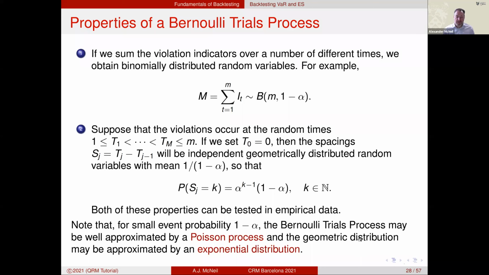And the geometric distribution can be approximated by an exponential distribution. So you can actually pass between methods which are defined for Poisson processes and exponential waiting times to methods for Bernoulli trials processes.